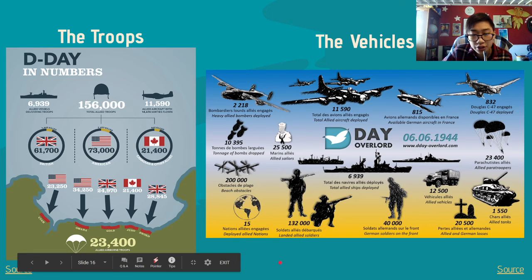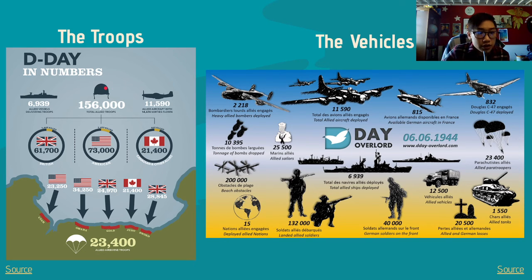We had 132,000 landed Allied soldiers, 40,000 German soldiers on the front. We had 20,500 Allied and German casualties, and we also had 15 nations that deployed Allied forces.